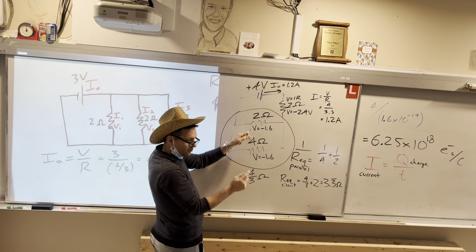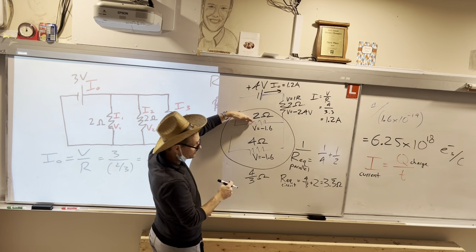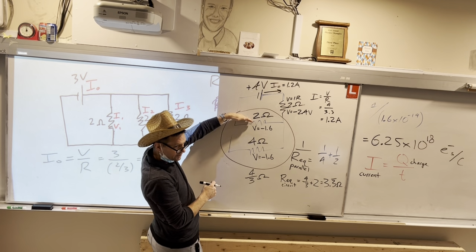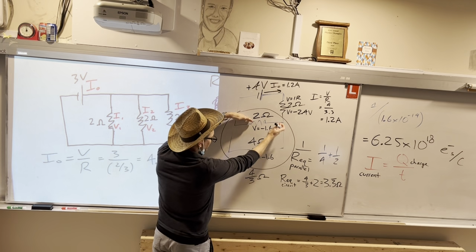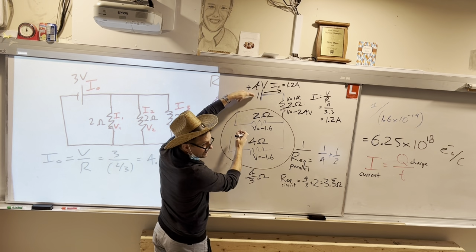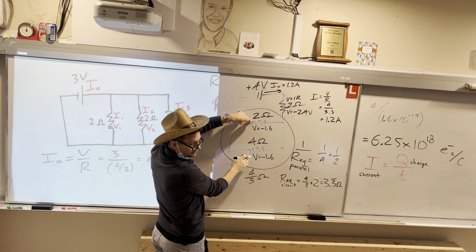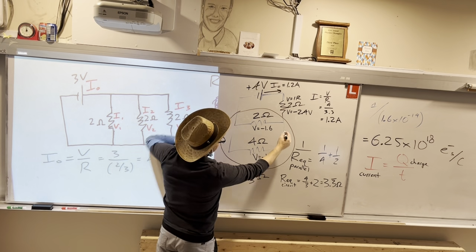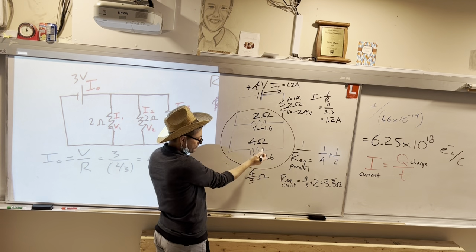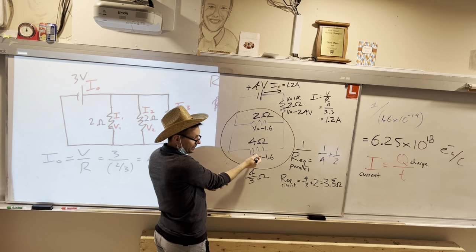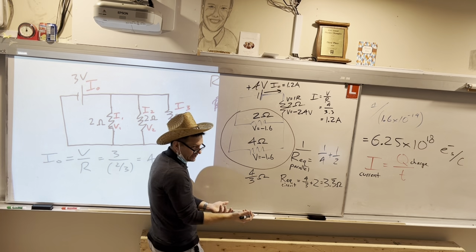But no, because only some of your trucks are going through this branch. And they have to drop 1.6 to get to 0 to go back. The trucks that go through here are never going through here. The other trucks will go through here. There'll be only half as many going through here, but they have to drop the same amount of voltage.